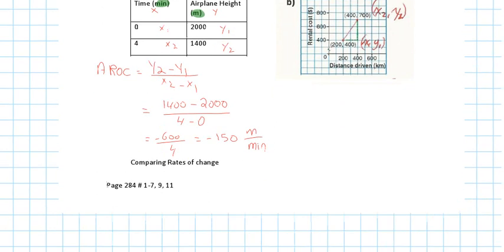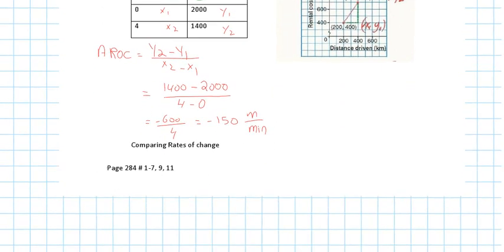So if I want to describe this, I'm going to say that the height of the plane is decreasing by 150 meters per minute. Are we okay with this?